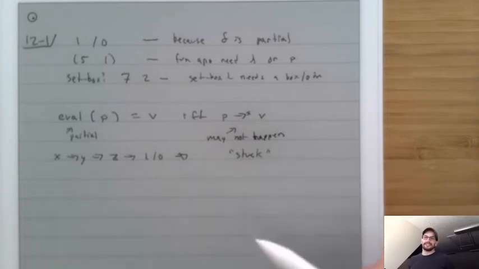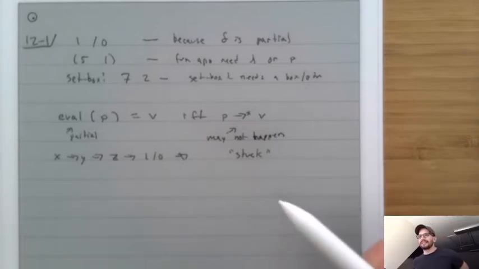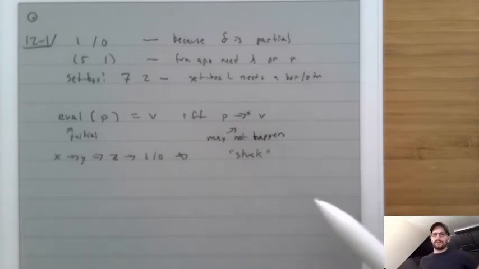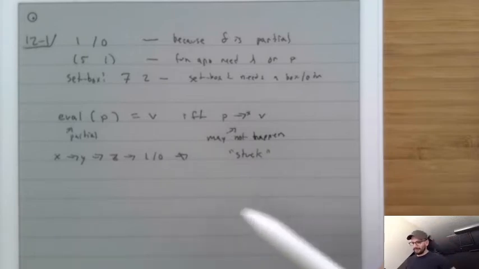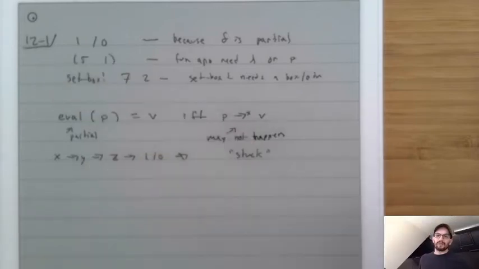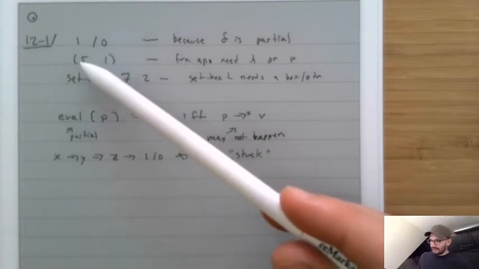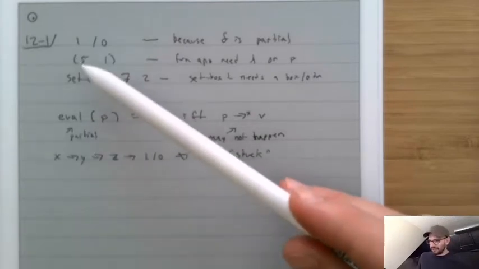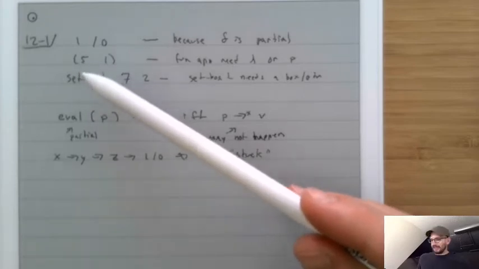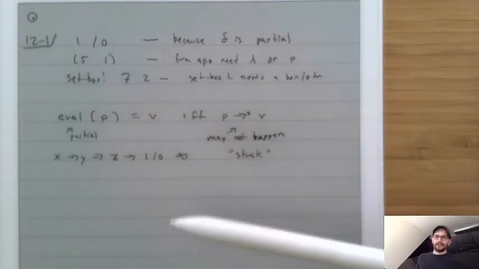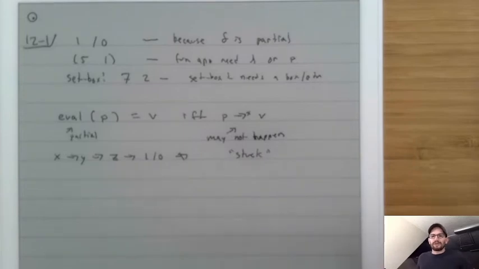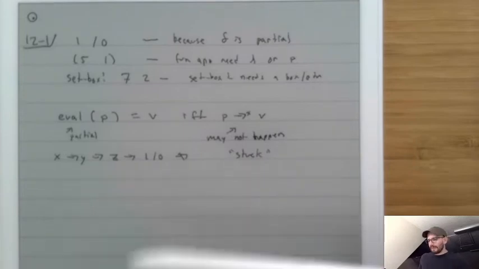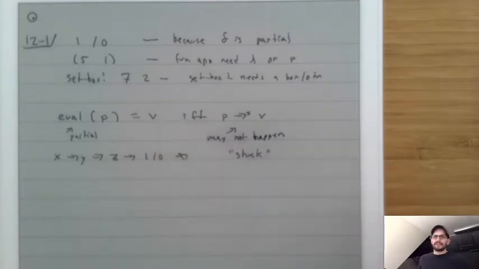It probably just does something, and probably what it does is crash or do undefined behavior if you've written it in C. For example, the way that my thing works is when I try to do this 5, 1, it's going to try to look at 5 and think that it is either a lambda, i.e. a closure, or a primitive, and it's not going to be one of those, and then it's just going to crash. So my CEK machine crashes because I try to access a field of an object that doesn't even have that field.